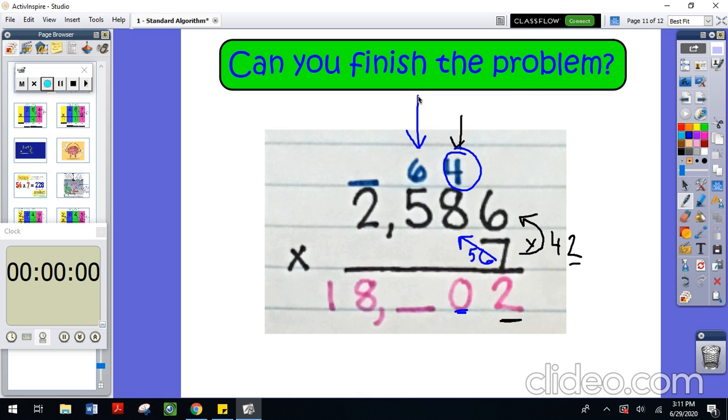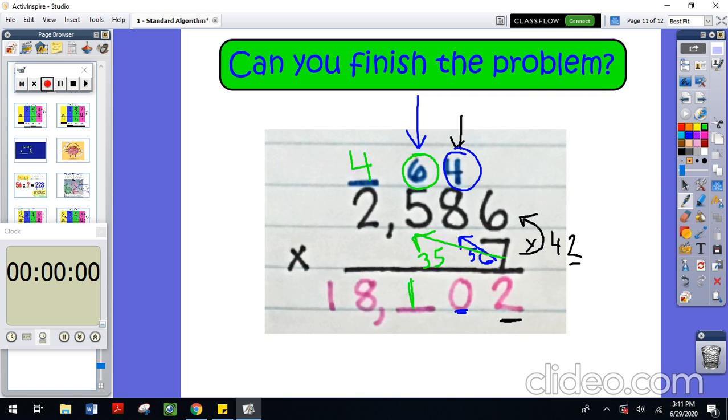Then they moved to their hundreds place and multiplied 7 times 5. 7 times 5 is 35, plus the 6 at the top, which is 41. So we put a 1 on the bottom, and we put a 4 on the top.